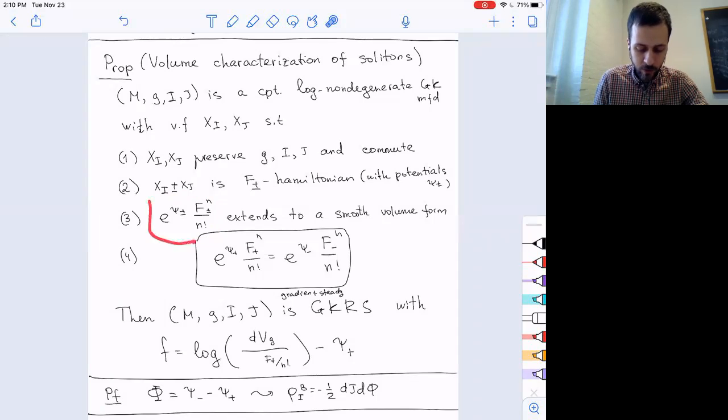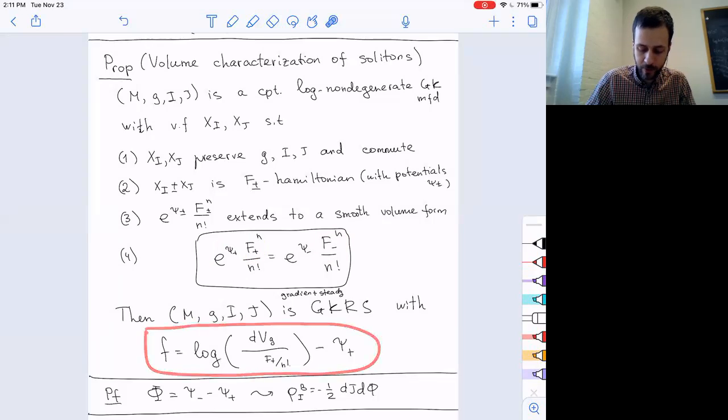So you have these two volume forms. Then the soliton equation is equivalent to the equality between two volume forms, one defined by F plus and another defined by F minus, weighted by the corresponding potential functions. And you can explicitly write what the soliton function is. So that's the characterization of solitons.